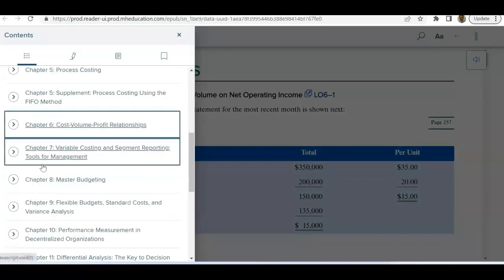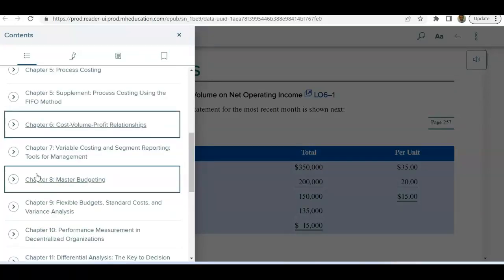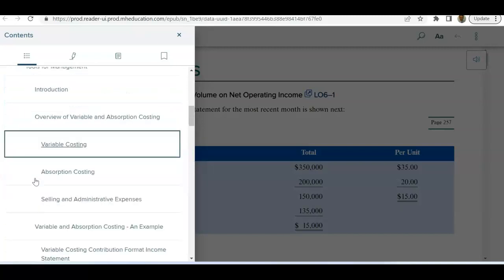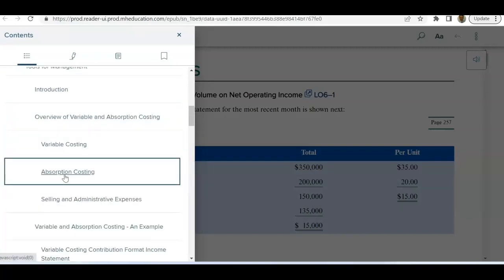We like to do chapter 7, which is about variable costing and segment reporting, and we like to go all the way down to look at variable costing and absorption costing. Absorption costing is the regular type of calculation of cost that you learn in financial accounting.